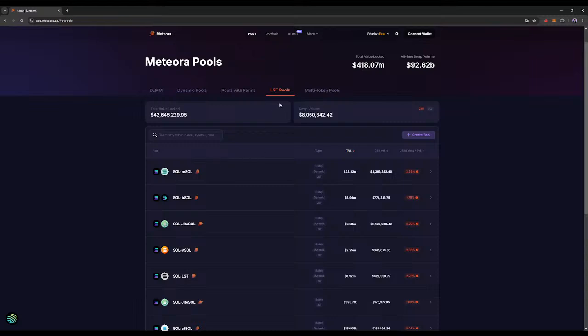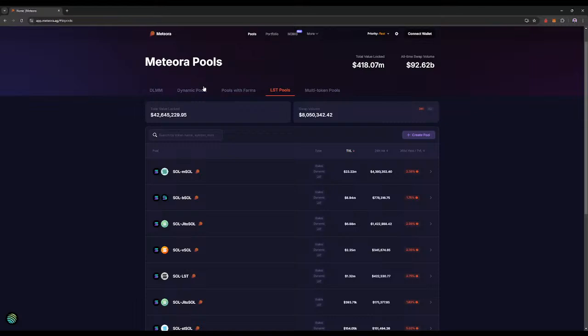The LST pools have been highlighted separately because even though they are the same as dynamic pools, they are slightly different in the way they behave. Usually when any liquidity pool is getting the price of both the tokens present in the pool, it is done keeping in mind the total value locked in the pool, as well as an oracle price feed.